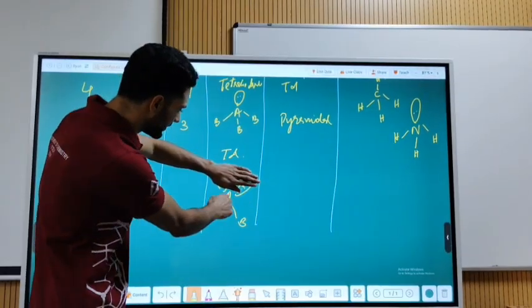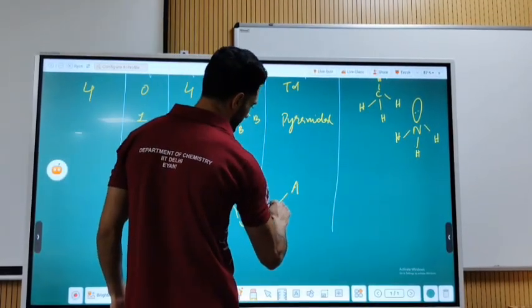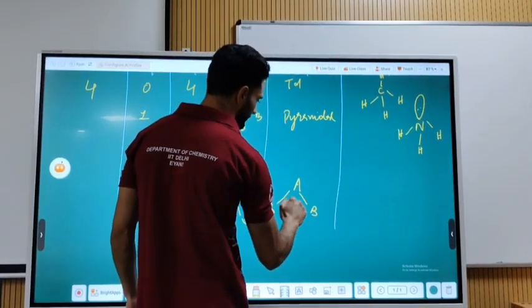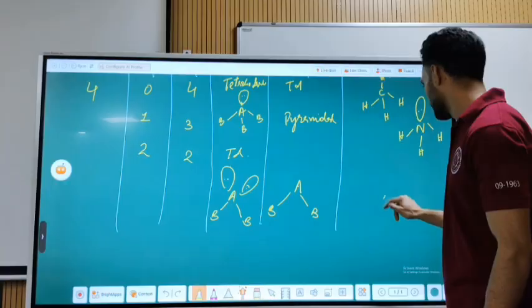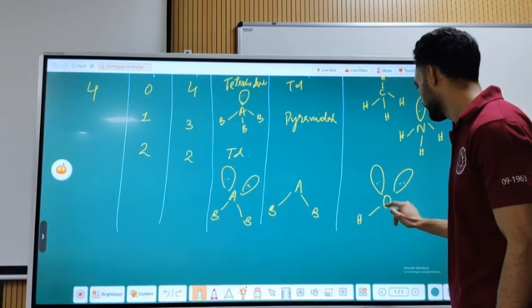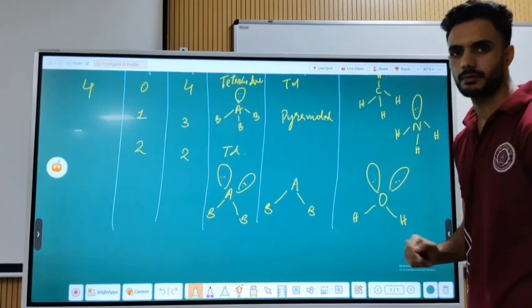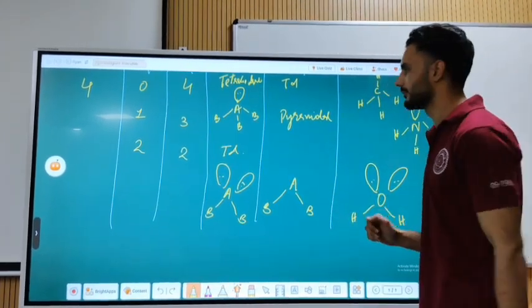This looks like a bent shape or V shape. The classical example is H2O. That's why water has a bent shape.